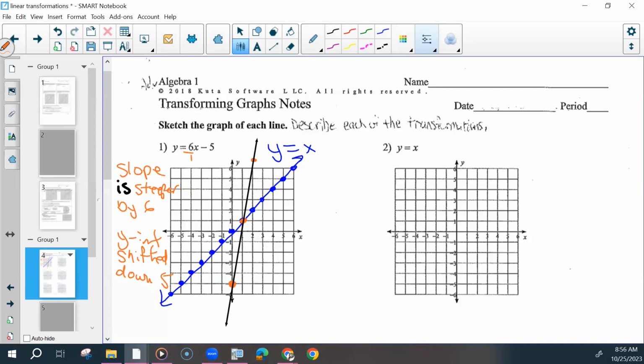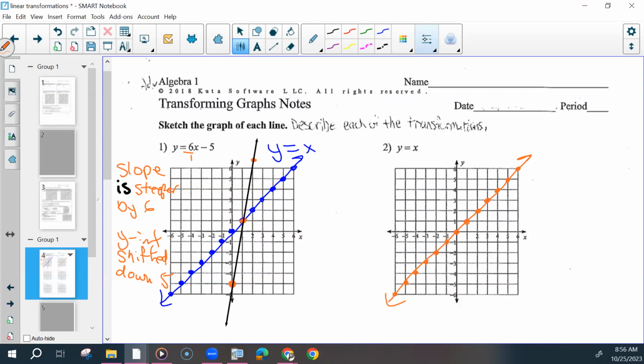Let's draw this one, which happens to be the original. And if I'm comparing this to the original, it is the original. Did anything change?